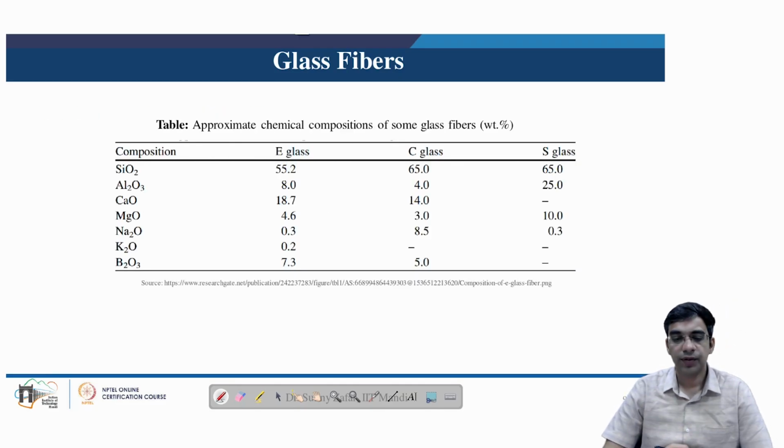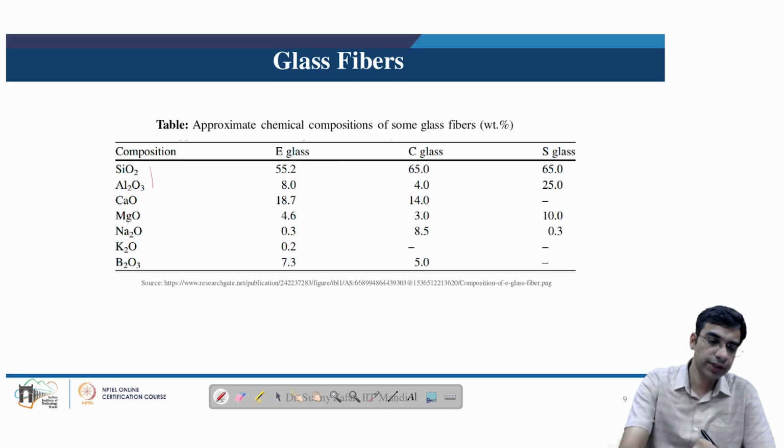The popular fibers used in structural composite applications from the glass fiber family include E glass fiber, C glass fiber, and S glass fiber. These varieties of glass fibers have their own sets of unique properties, and these properties result from the varied composition of the constituent elements or compounds.